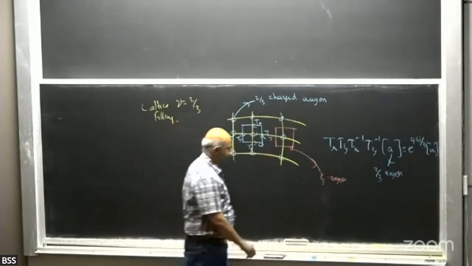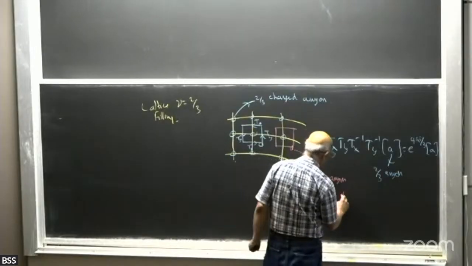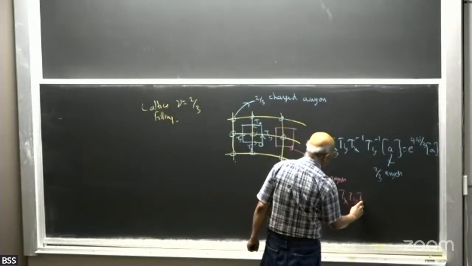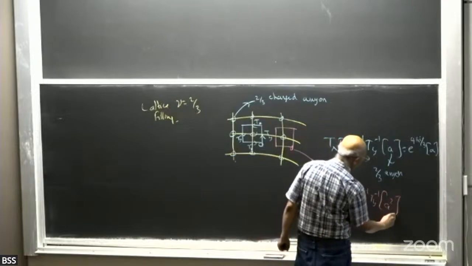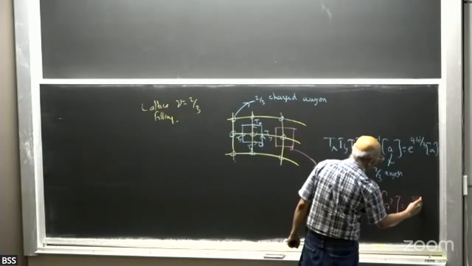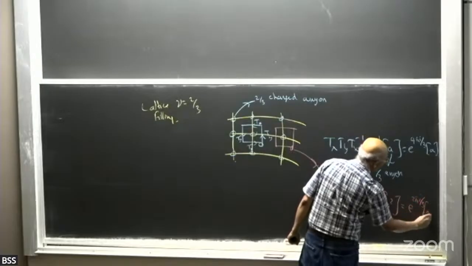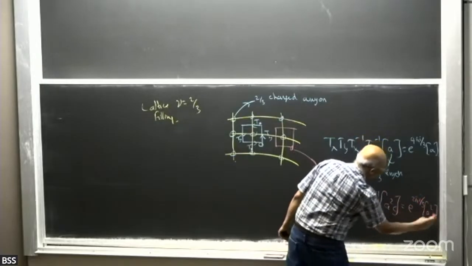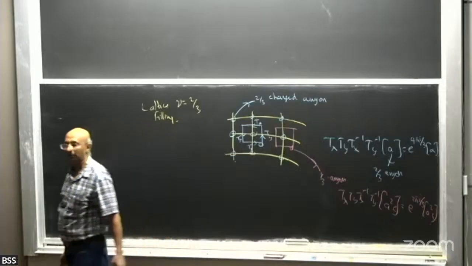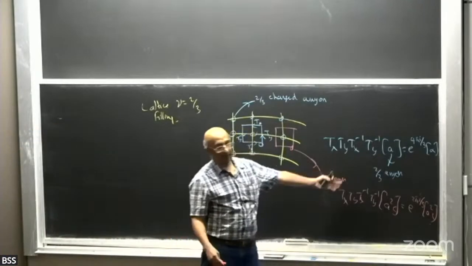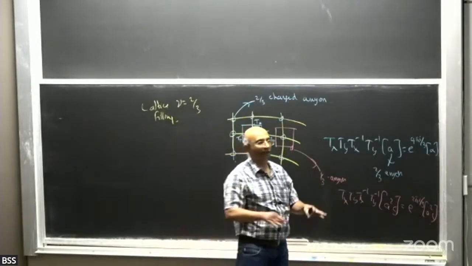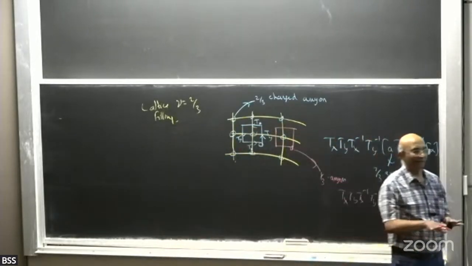Then I once again get a phase, so Tx, Ty, Tx inverse, Ty inverse on, let me call it A, is A squared. It's really A squared times the electron, but topologically it's the same as A squared. So either way, translations no longer commute when acting on these Anyons.